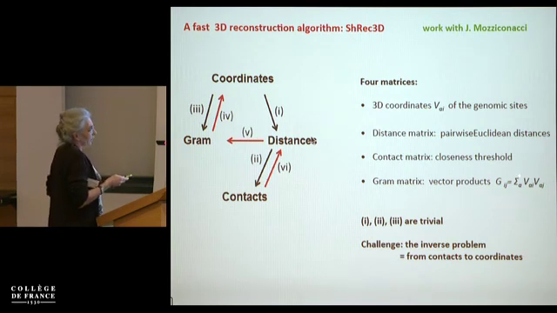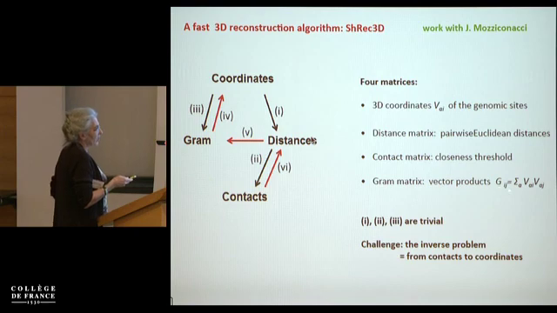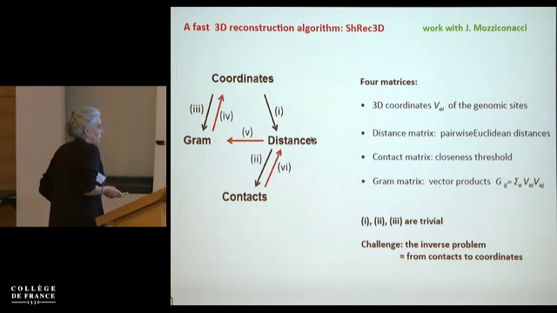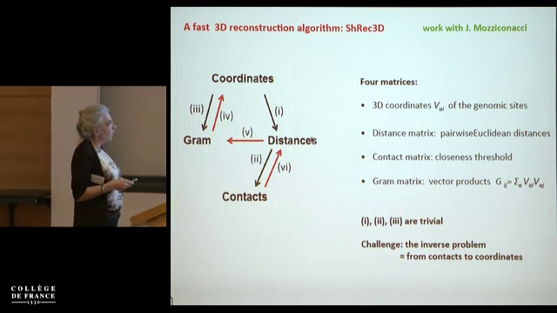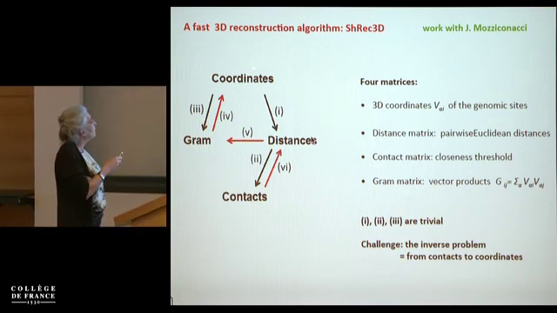That is, the component ij is the vector product between the coordinate vector of the site i and the coordinate vector of the site j. So we have those 4 matrices, and it is quite straightforward to pass from the coordinate vector to the Gram matrix. It is simply a vector product.